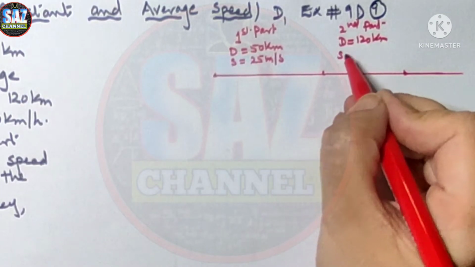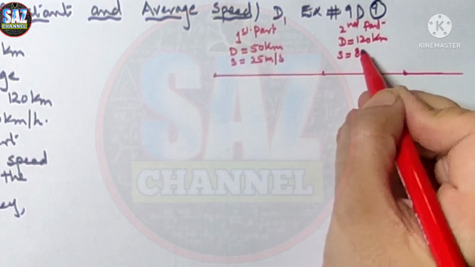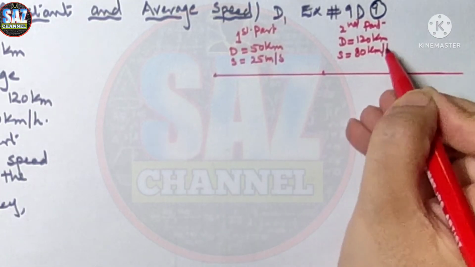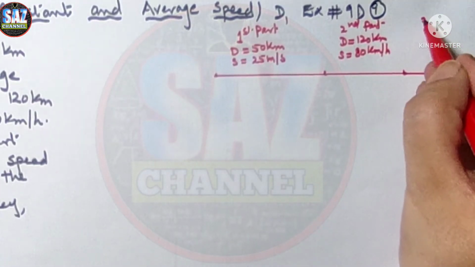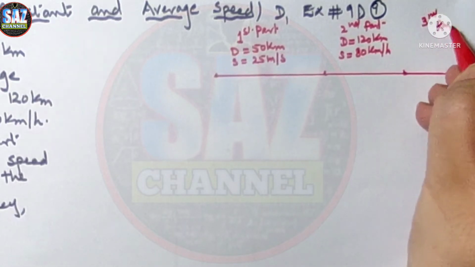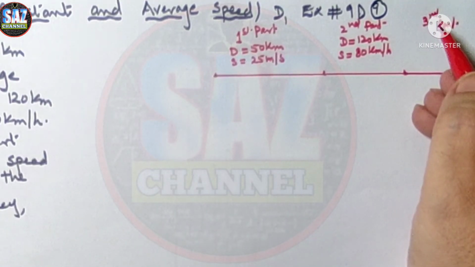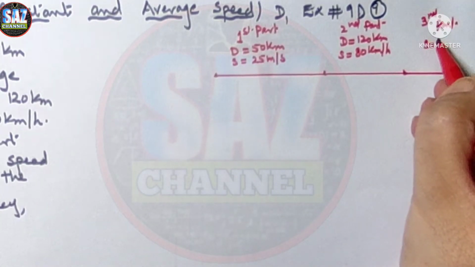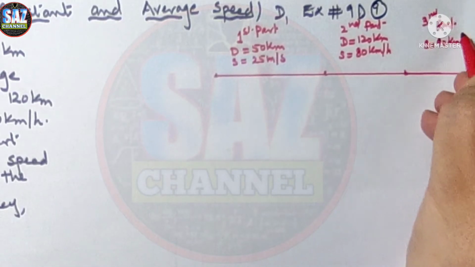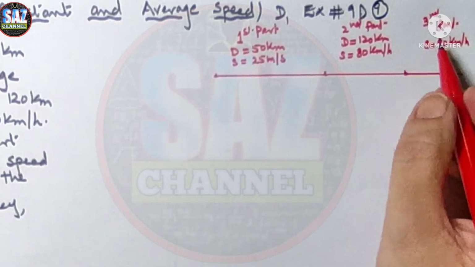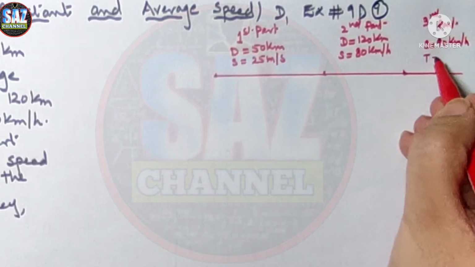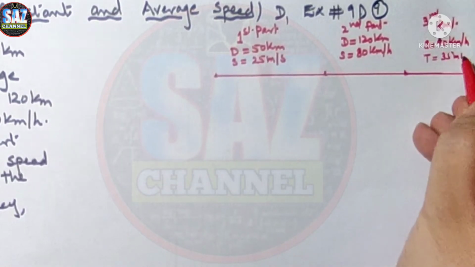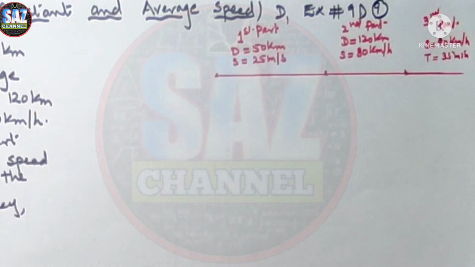And the third part of the journey has speed 90 kilometers per hour, and the time is 35 minutes. And we have to find the average speed for the entire journey.